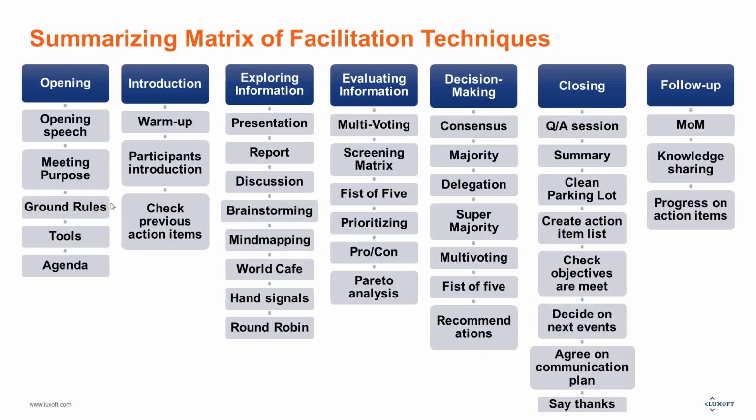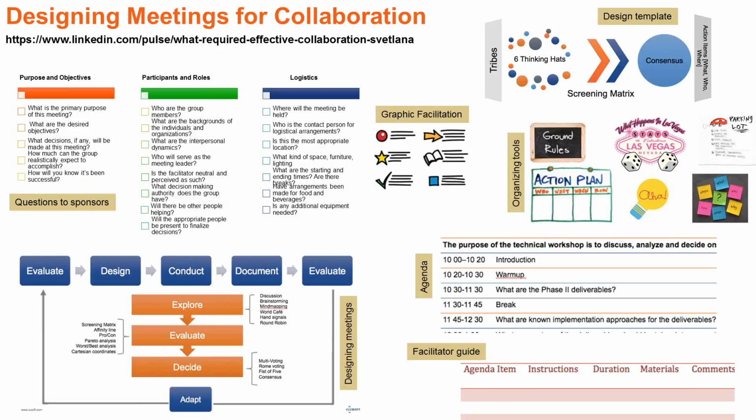You also point to some tools that you are going to use during the meeting, for instance, a parking lot tool or an AHA flip chart. About the tools that can be used during the meeting, you can learn during our third webinar.